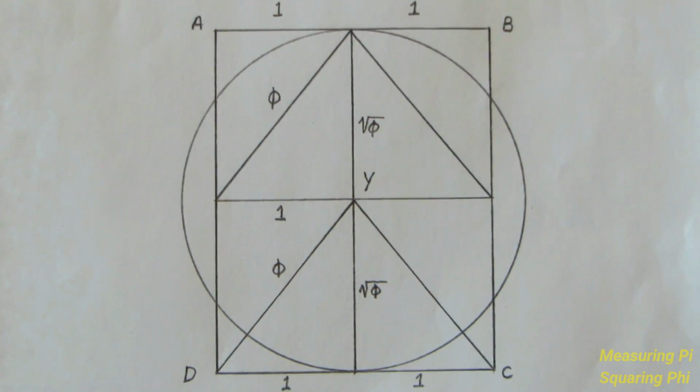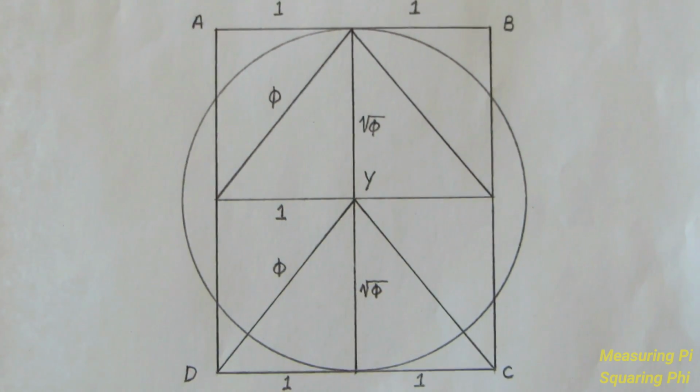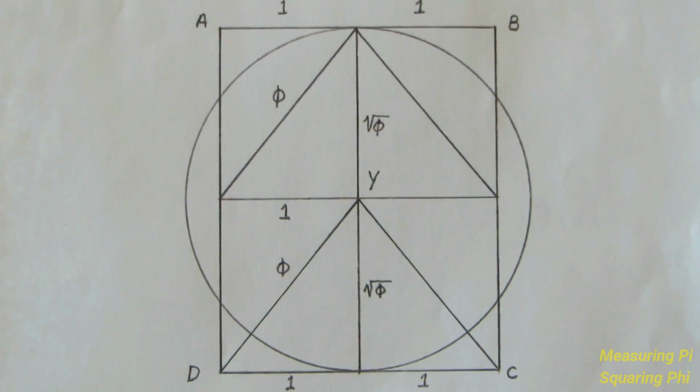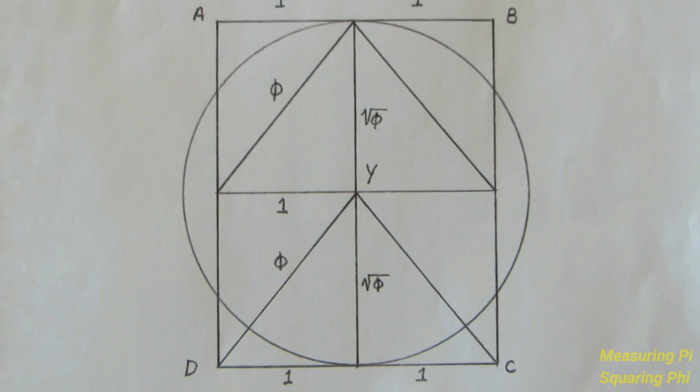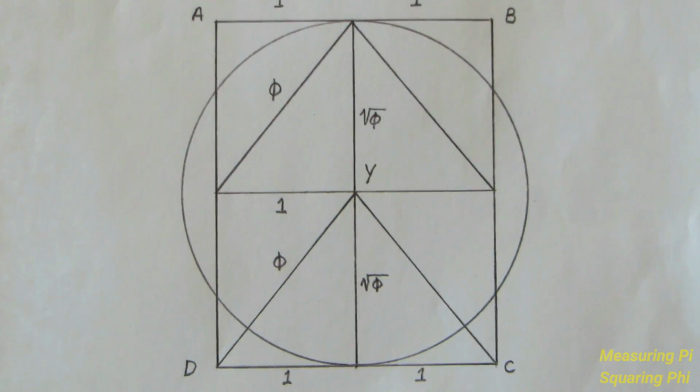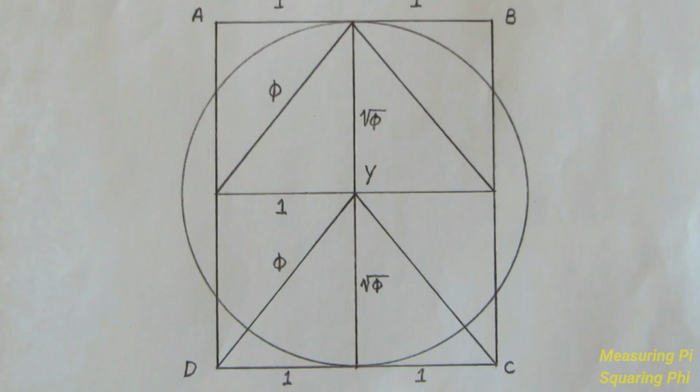The second method was that we used Kepler's golden ratio right triangle to square each side of Kepler's triangle, equating the circumference of each side's circle to the perimeter of the next largest side's square.